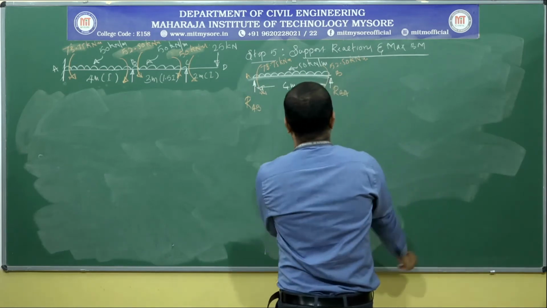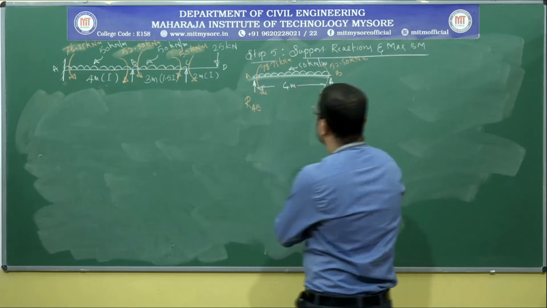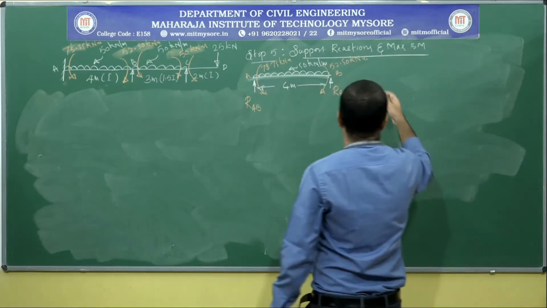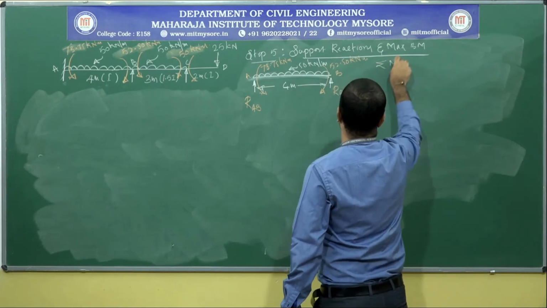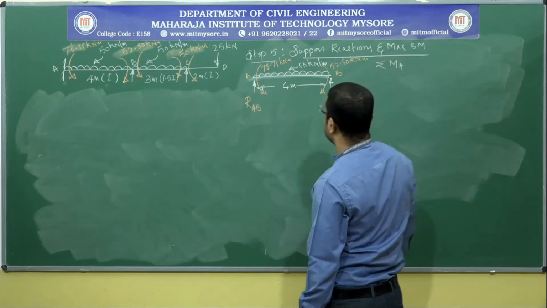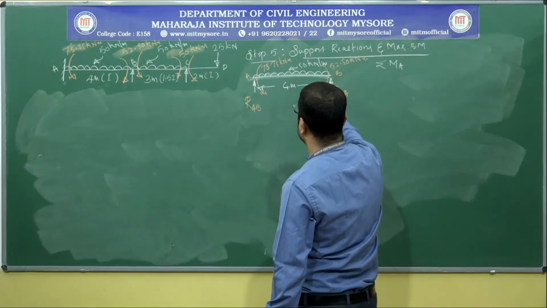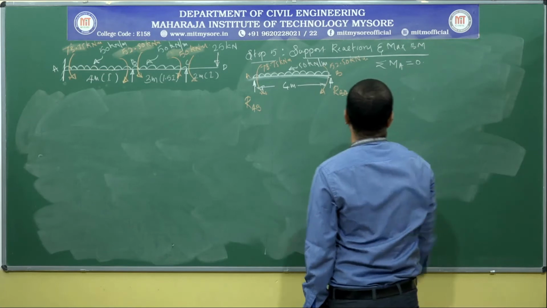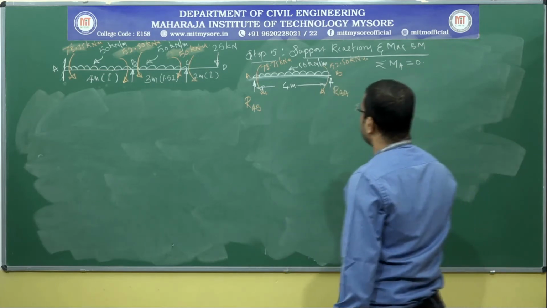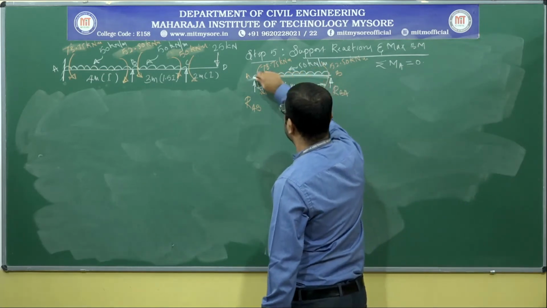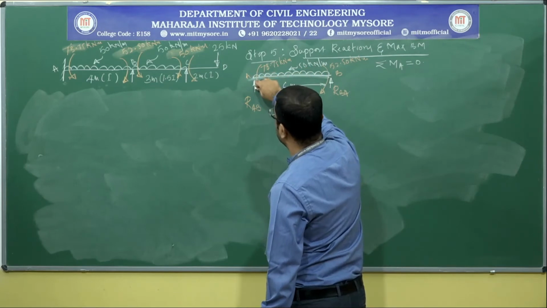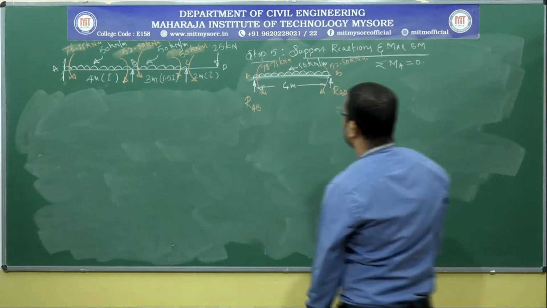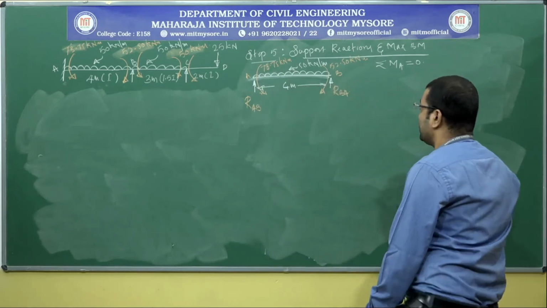To do that, I need to impose the equilibrium conditions on this free body diagram. If I impose the moment condition about A, that is, the algebraic sum of moments due to all the forces about point A must equal 0. If I take moments of all the forces about A, RAB doesn't create any moment because it passes through point A, leaving no perpendicular distance.